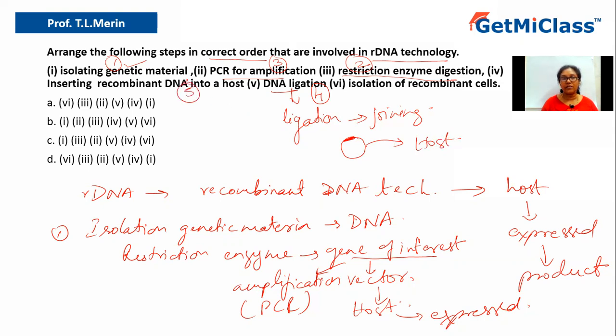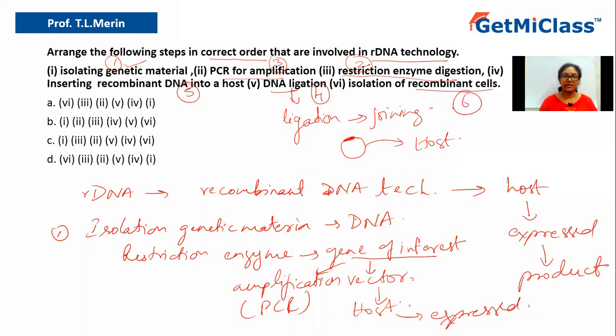That is inserting recombinant DNA in the host. And then further, after you insert in the host, you have to look for the recombinant cells, the cells in which the vectors have been incorporated, which carry our foreign gene or gene of interest. Those cells are called recombinant cells. So this is the sixth step.